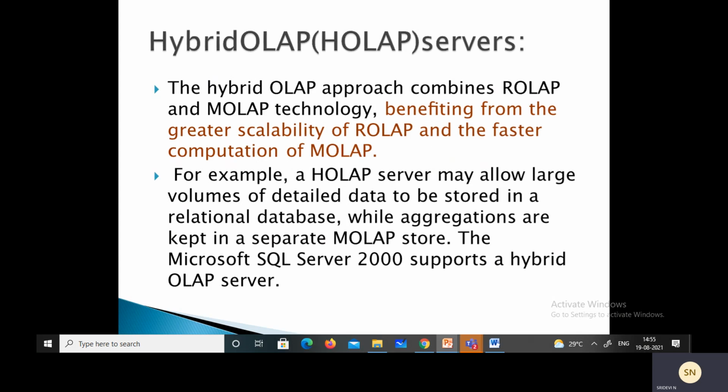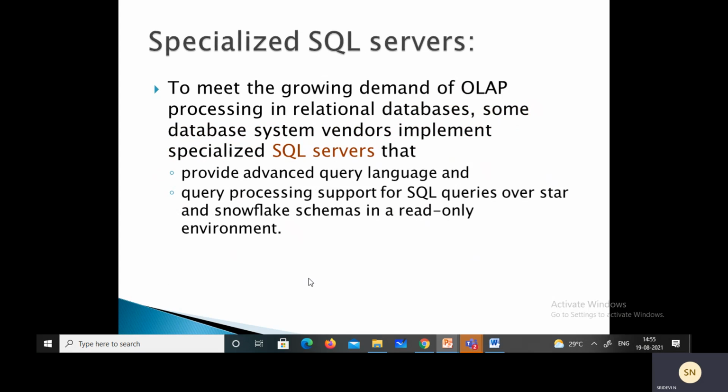Again, we have hybrid OLAP, which takes the benefits from both ROLAP and MOLAP, the faster computation benefit from MOLAP, and combines them. It allows large volumes of detailed data to be stored in an RDBMS while aggregations are kept in a separate MOLAP store. An example could be Microsoft SQL Server, which supports a hybrid OLAP server.